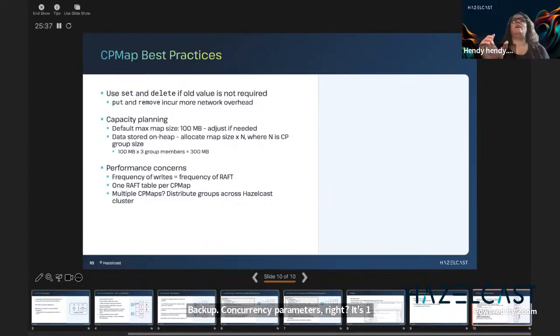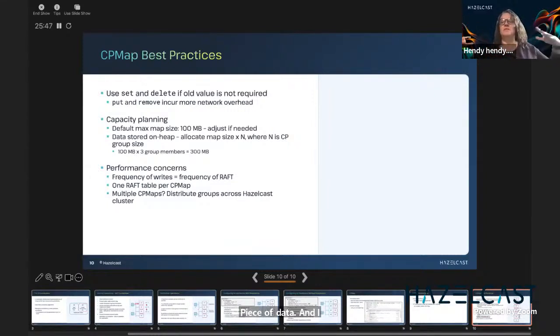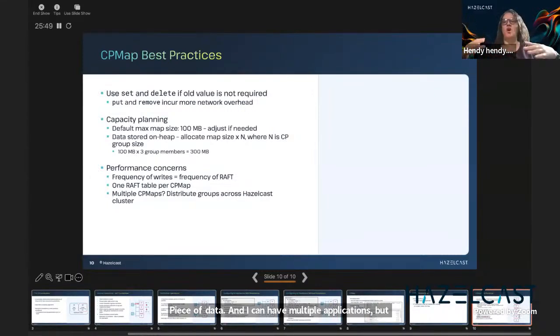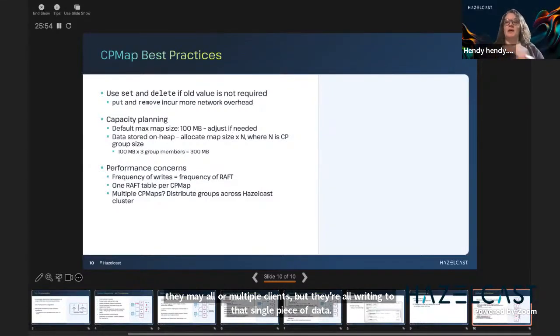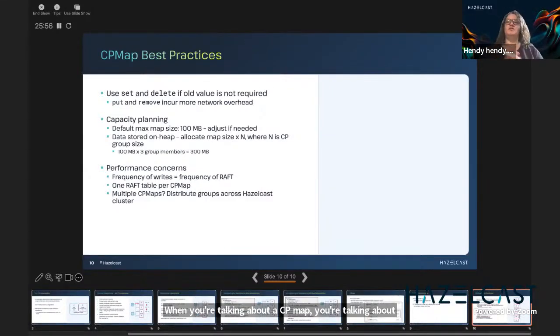So if I have an atomic reference, I'm working with that single piece of data. I can have multiple clients, but they're all writing to that single piece of data. When you're talking about a CP map, you're talking about a distributed data structure. So you're talking about potentially having reads and writes happening to different partitions of that map. How is that going to affect the performance?